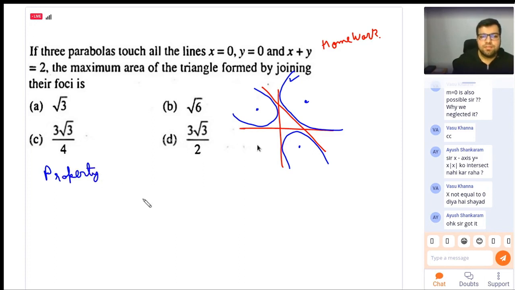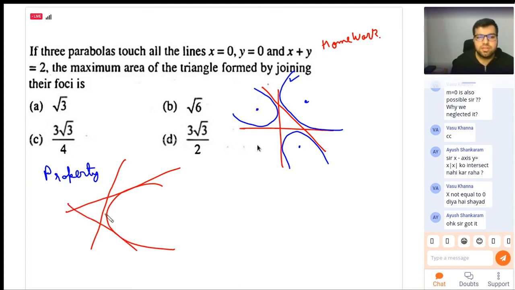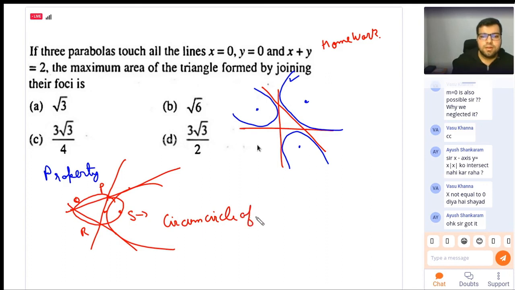If you have a parabola and you draw tangents, tangent 1, tangent 2, and tangent 3, then the property says that these 3 points P, Q, and R, the points of intersection of the tangents, if you draw a circle through PQR, it passes through the focus S. So basically the property is that the circumcircle of PQR passes through S.